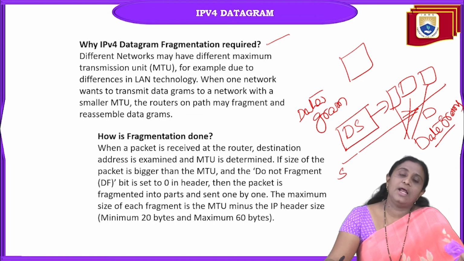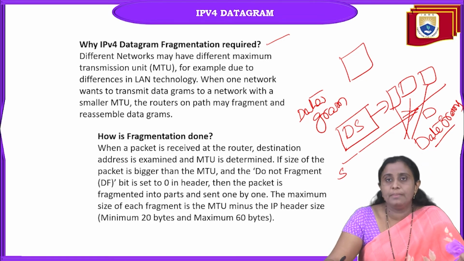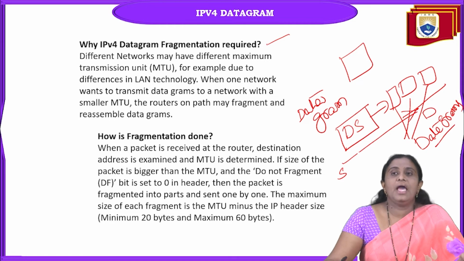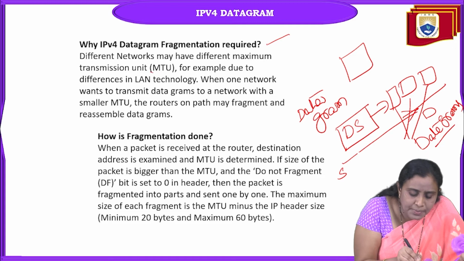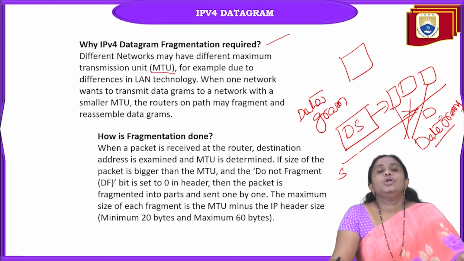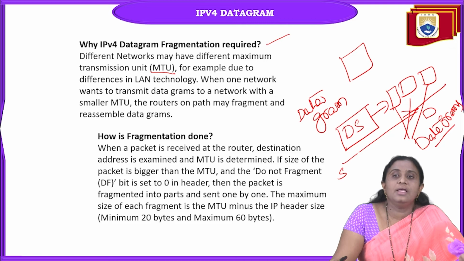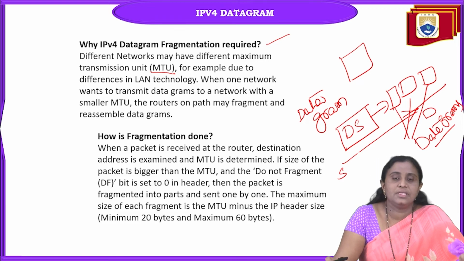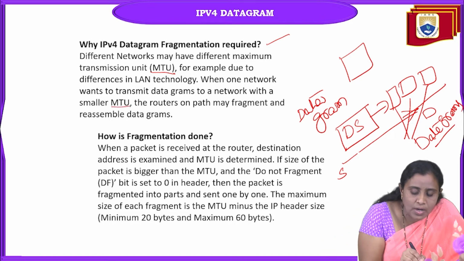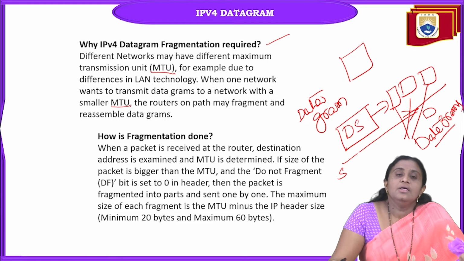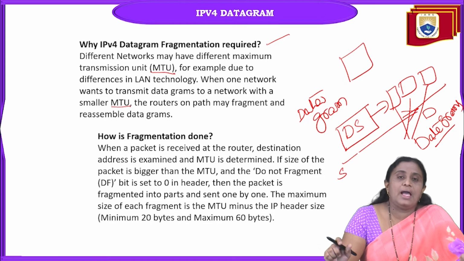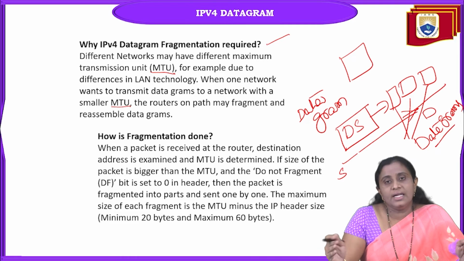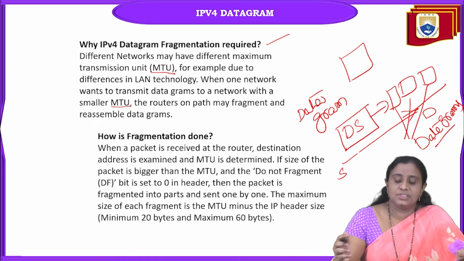Why IPv4 datagram fragmentation is required: different networks may have different maximum transmission units. For example, due to the differences in LAN technologies nowadays, when one network wants to transmit datagrams to another type of network with a smaller MTU, the maximum transmission unit, the routers on the path may fragment the datagrams and reassemble them whenever they reach the destination.